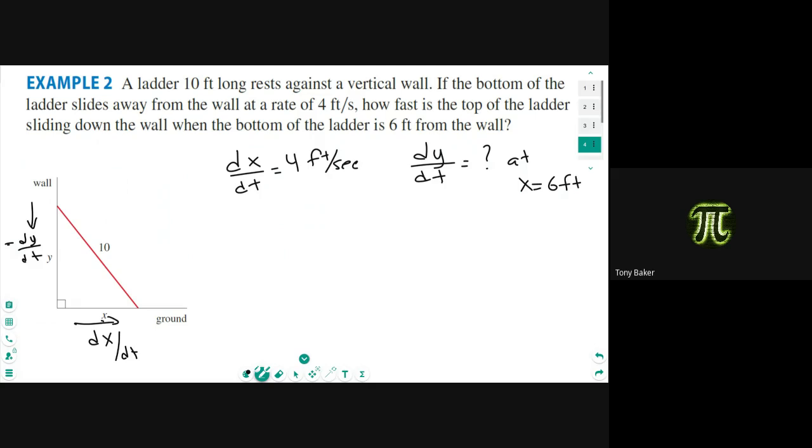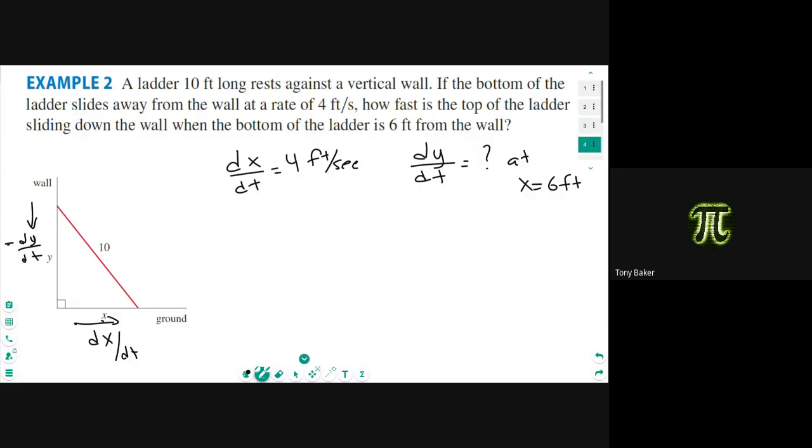All right, so we need an equation to model this. So what is my equation going to be that's going to relate the x to the y? Because unlike the last one, this one's not a nice little volume formula or area formula. So what would be the formula that we're going to use for this one? Yeah, we're going to use the Pythagorean theorem.